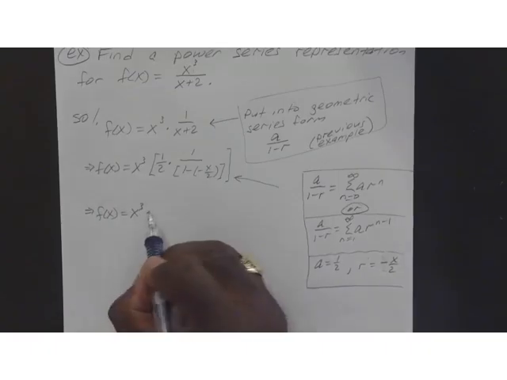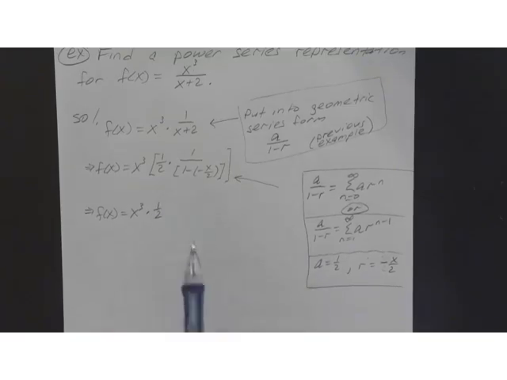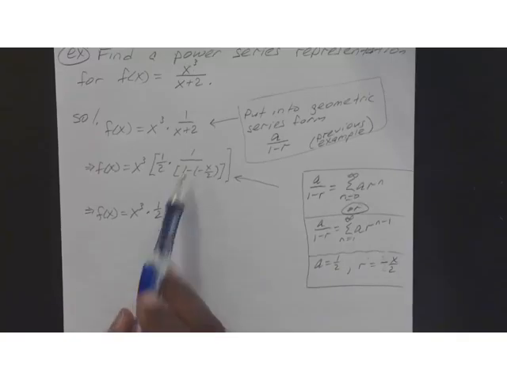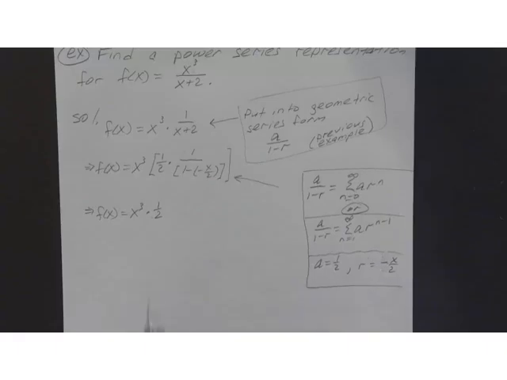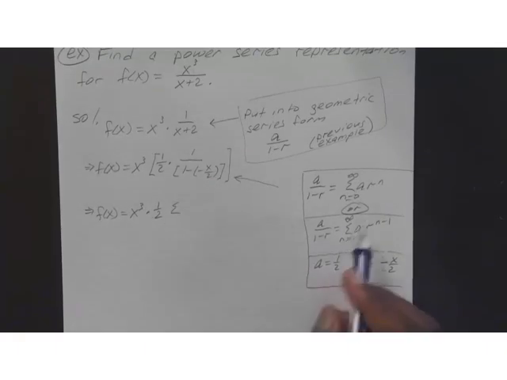Okay, so that's x to the third power times 1/2. And we're going to get our a and our r. Again, that a, we just go ahead and bring that out to the front. But the r, we know that is just going to be the sum, and we'll use from n equals 1 to infinity.